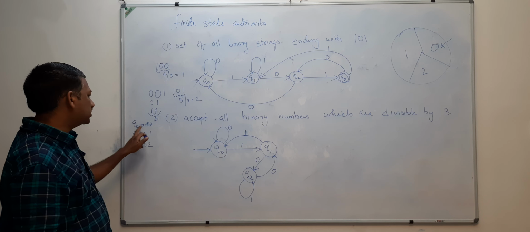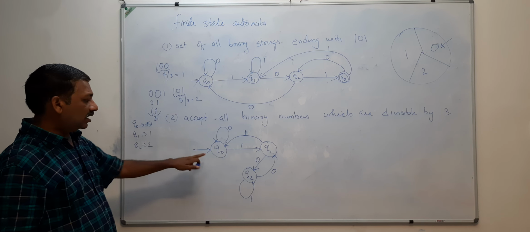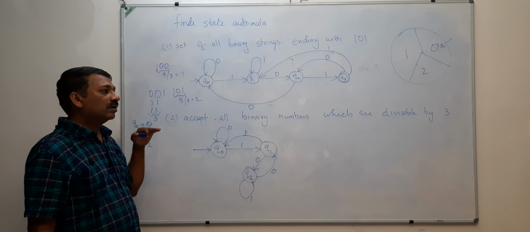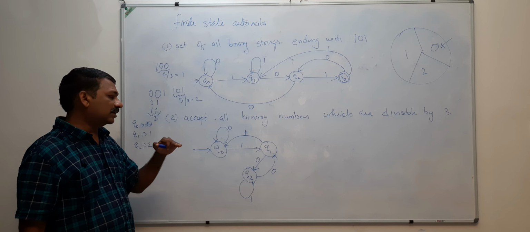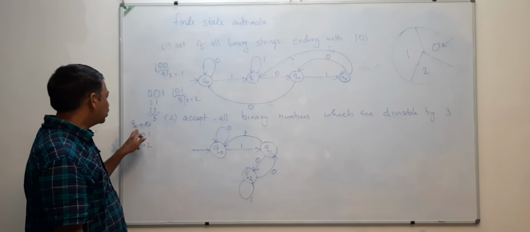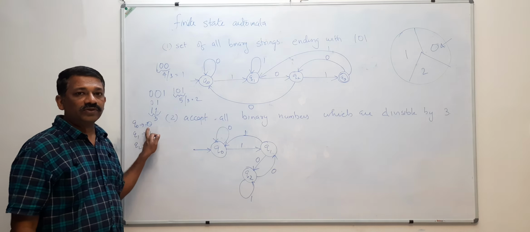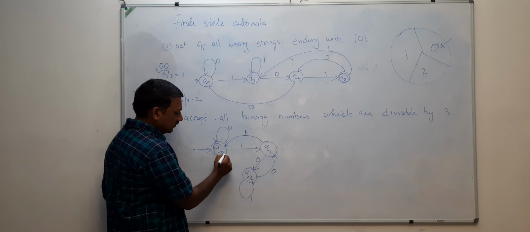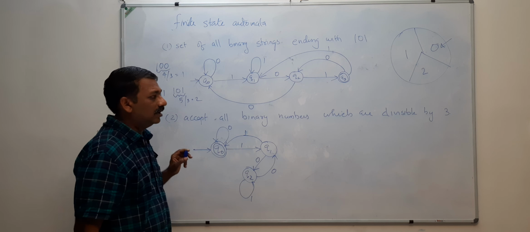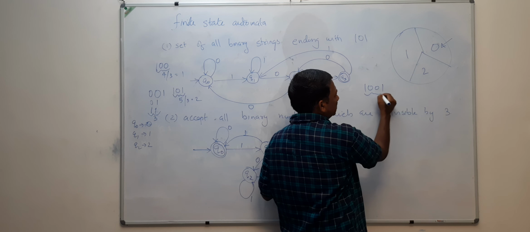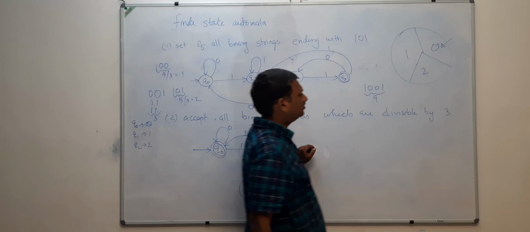If after processing a number the finite control reaches Q0, that can be accepted. Why? Q0 represents remainder 0. So you have to mark this as a final state. See example 1001. This is actually 9.